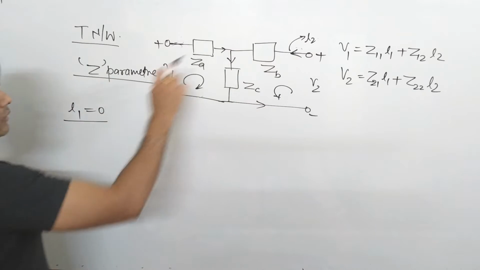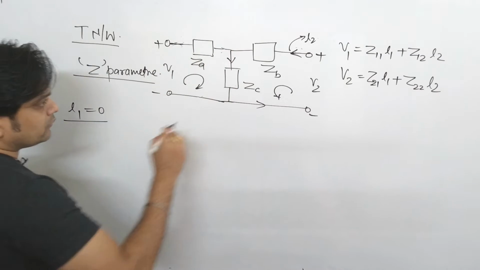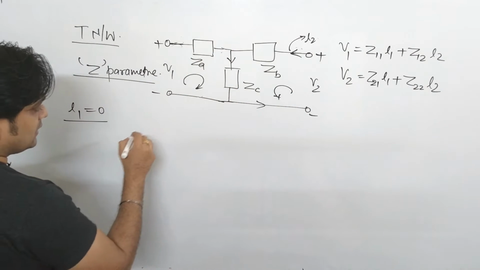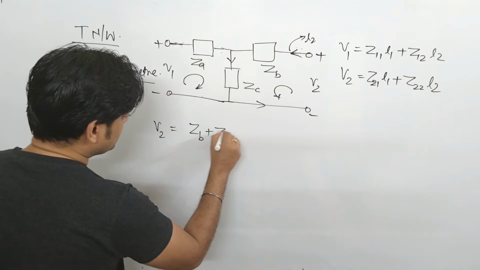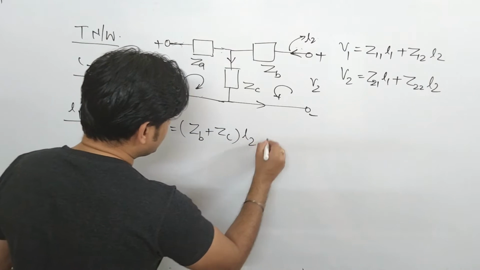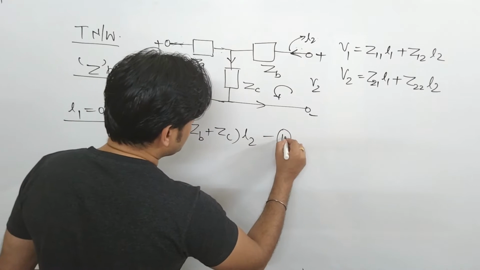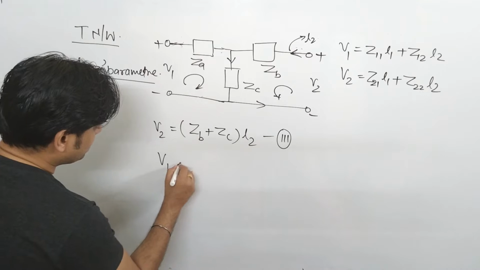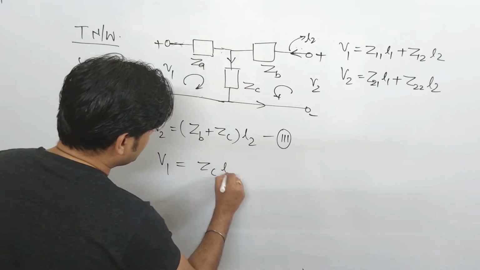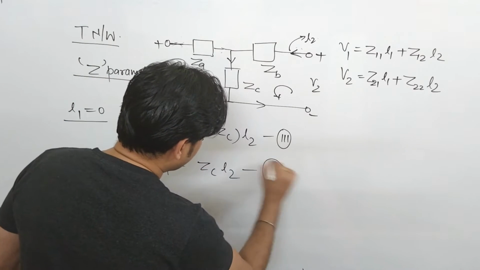Now if you again apply the loop in the same fashion, then V2 comes to be (ZB plus ZC) into I2. That is your third equation. And if you apply it here, V1 comes to be ZC into I2. That is your fourth equation.